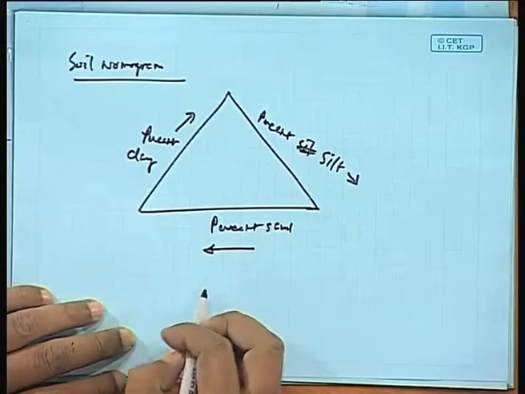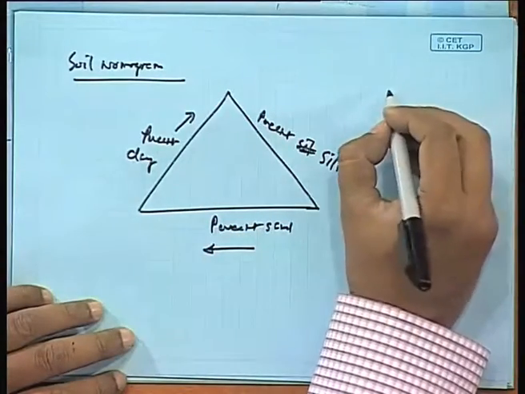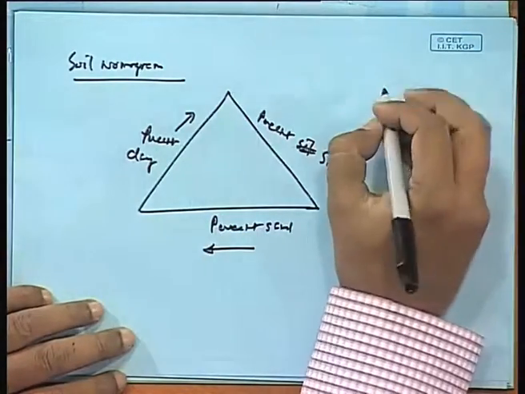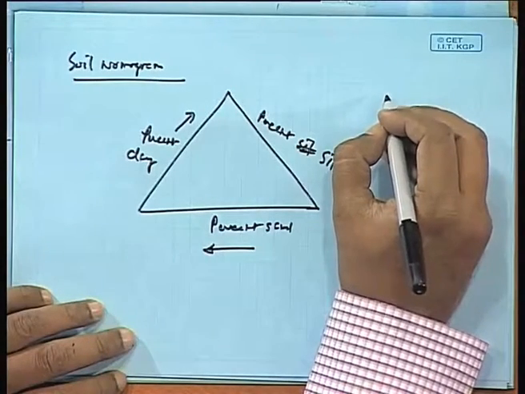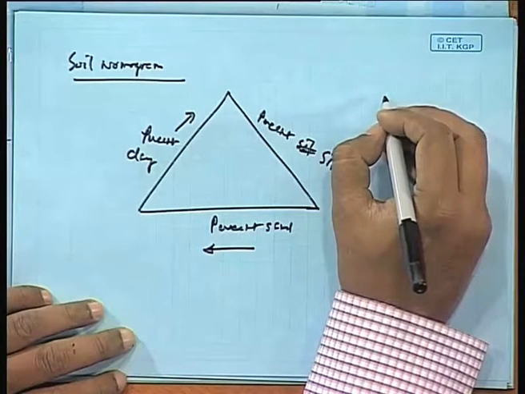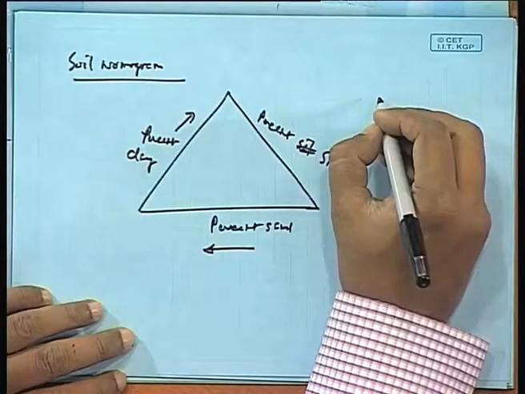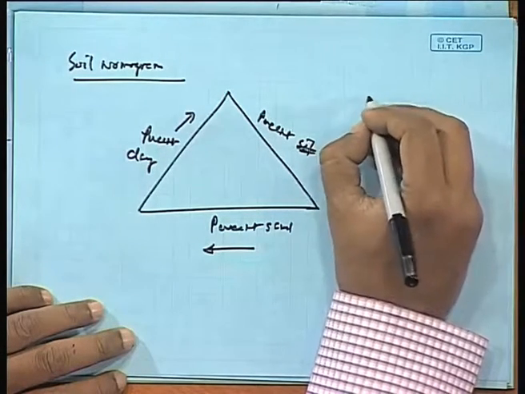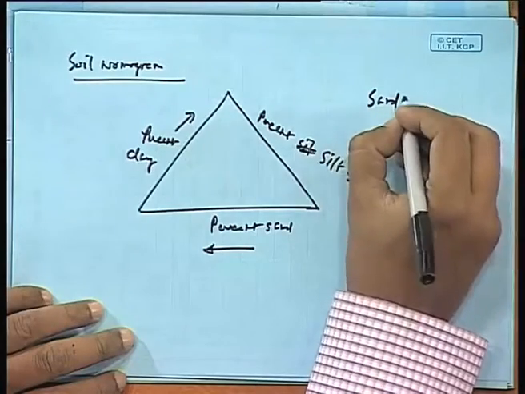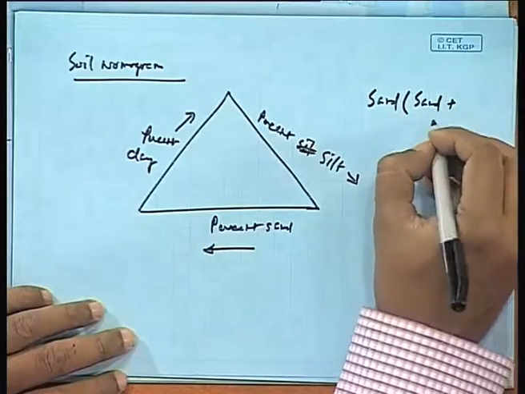So if we have identified the sand, silt and clay, mostly the fines percent, the sand would be included. The sand is sand plus, say, fine sand.